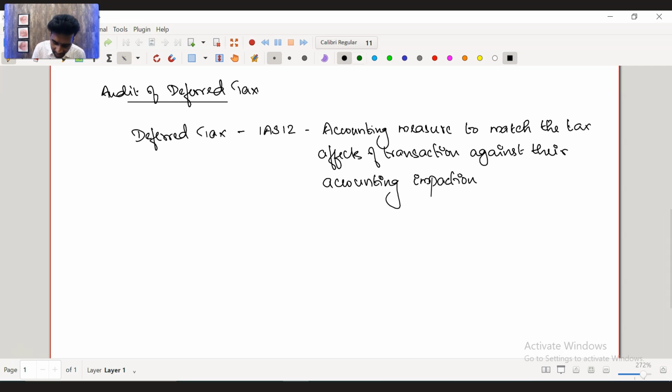And these accounting measures are specifically for those transactions which are temporary in nature.